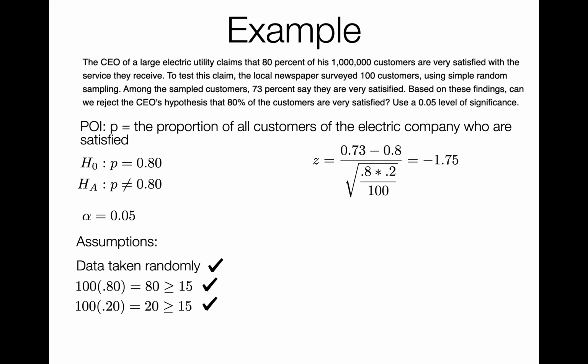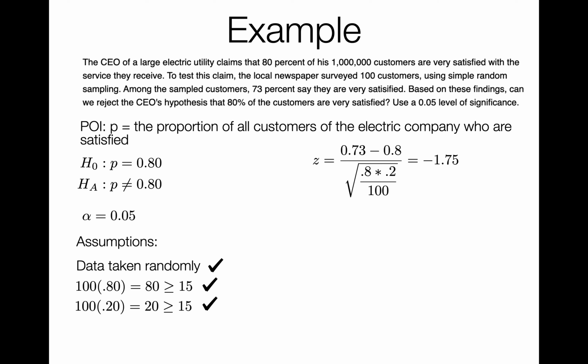All right, so we move forward to step 5, which is calculating the test statistic. The test statistic is p hat, the sample proportion, which is 0.73, stated in the problem, minus 0.8, which is the null hypothesized value, divided by the standard error of p hat, assuming that the null hypothesis is true.